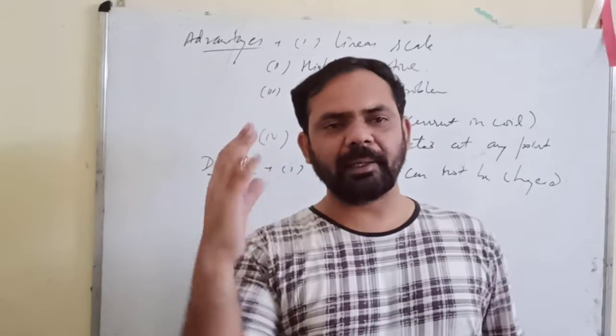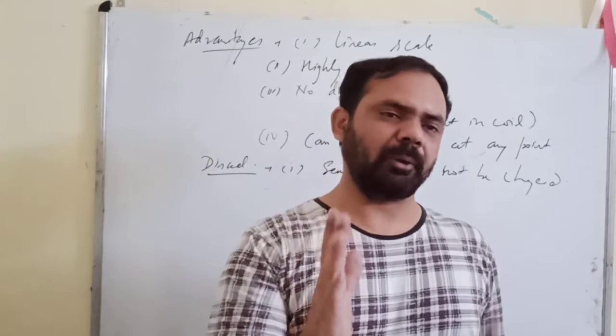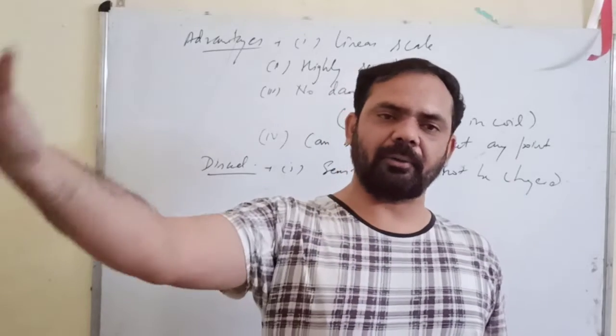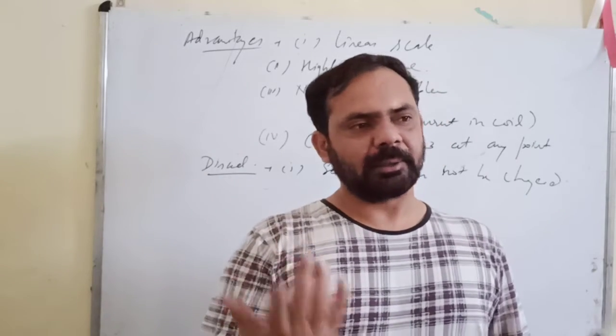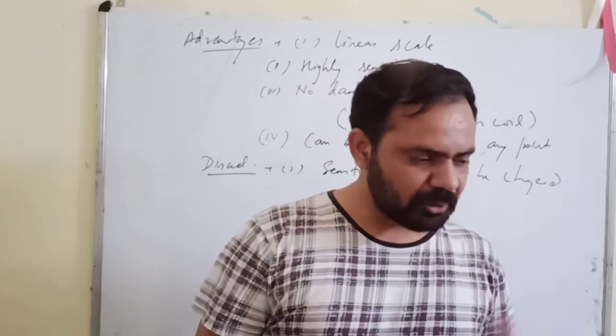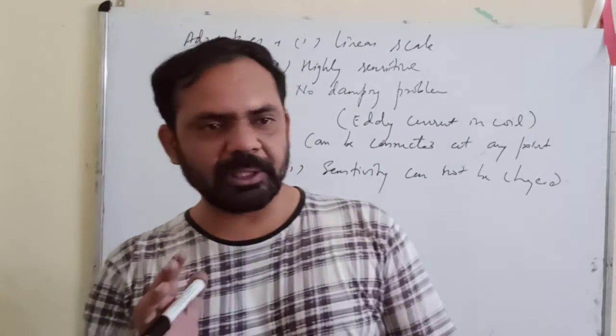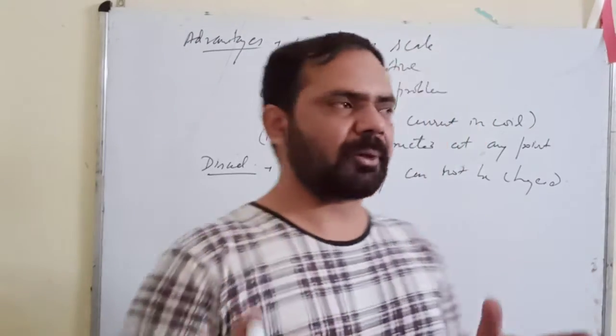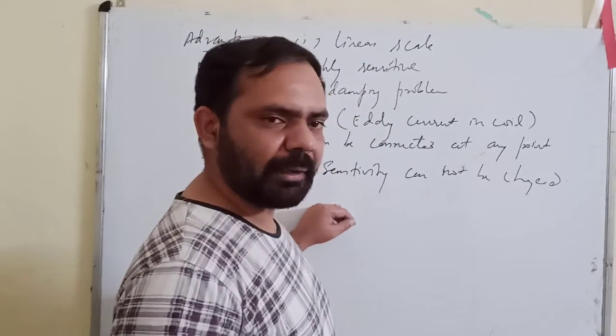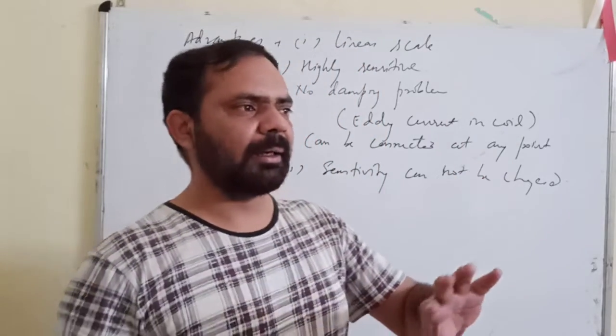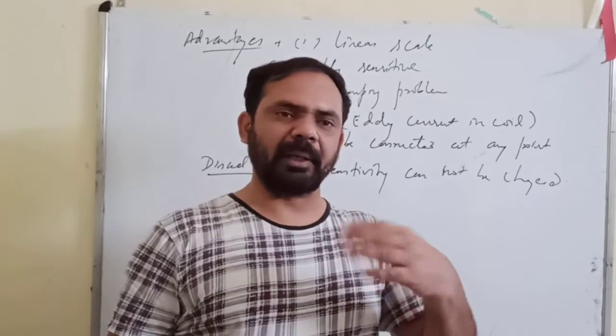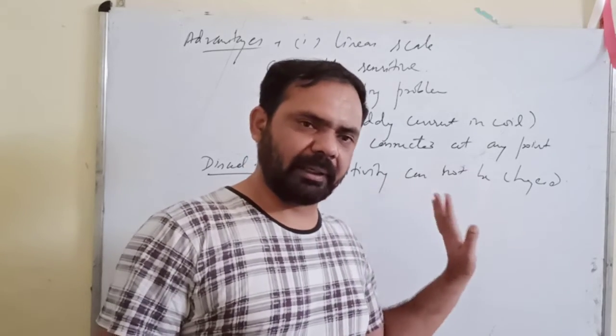Whatever sensitivity you have given to the galvanometer at the time of manufacturing cannot be changed at will during the experiment. If we want to change the sensitivity while doing the experiment, this is not possible with the moving coil galvanometer. Whatever sensitivity it was given at the time of manufacturing, that sensitivity it will have.